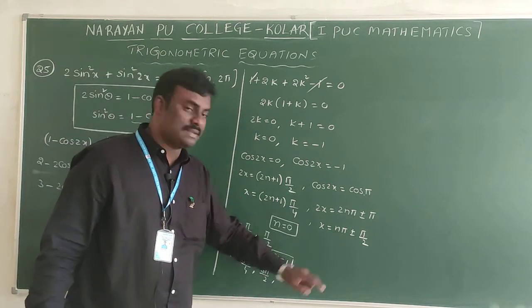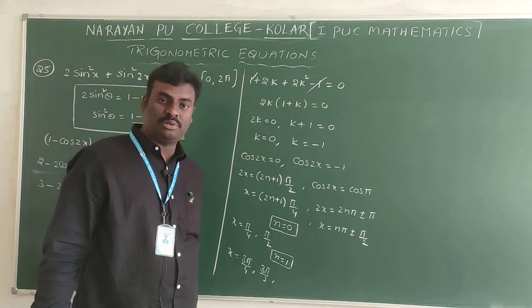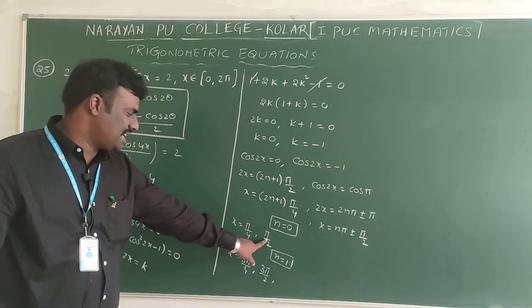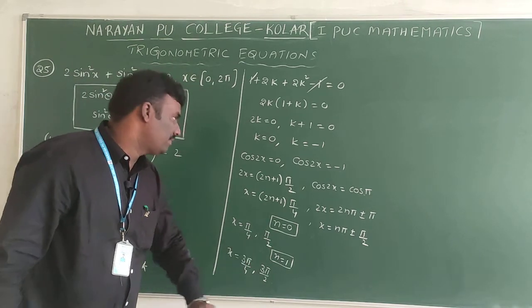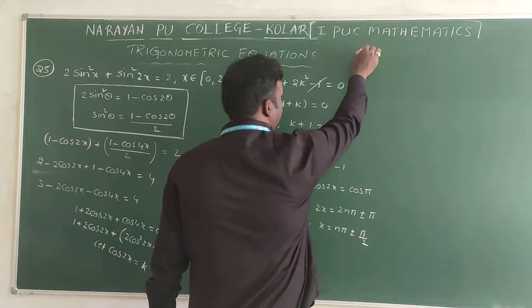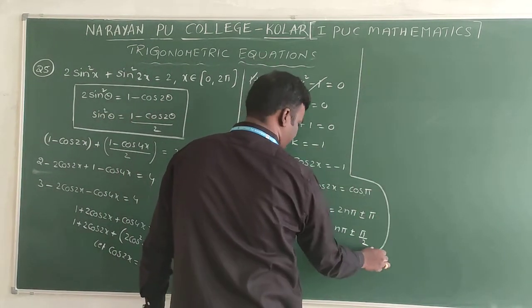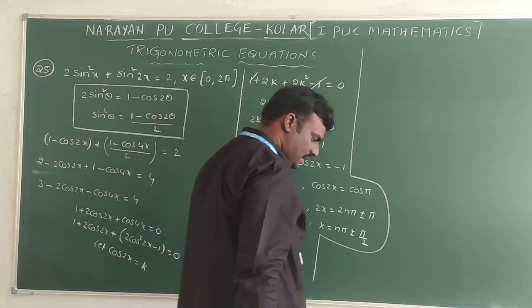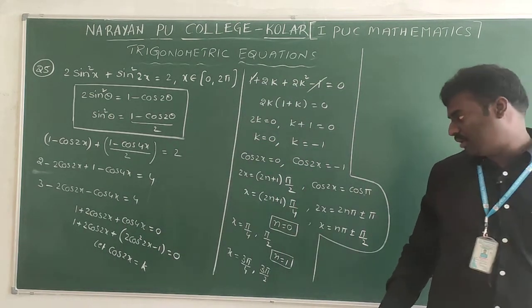Next if you take minus, pi minus pi by 2 is pi by 2. Already pi by 2 is there, don't take. Here also we got 2 values. Now n equals 0 is over, n equals 1 is over.